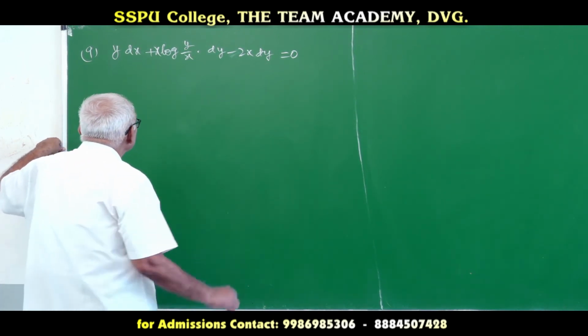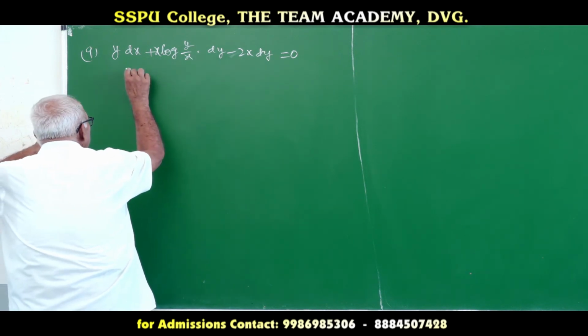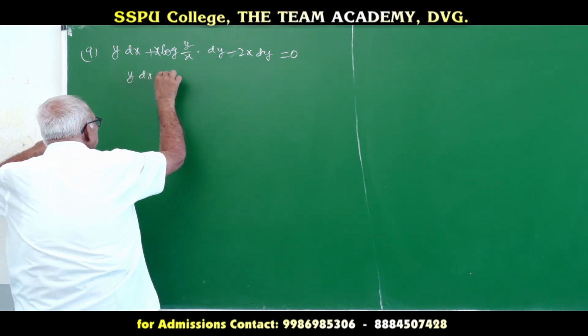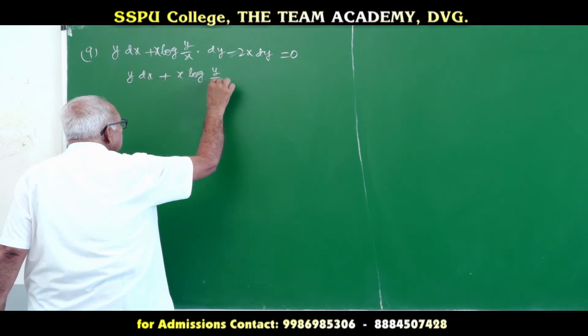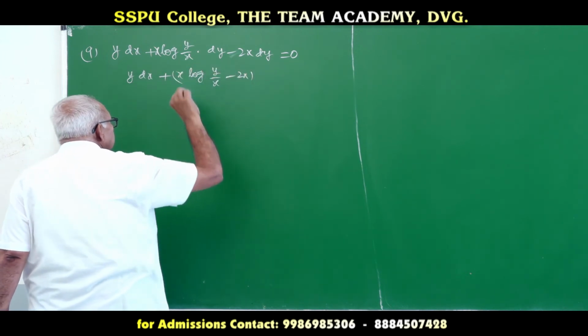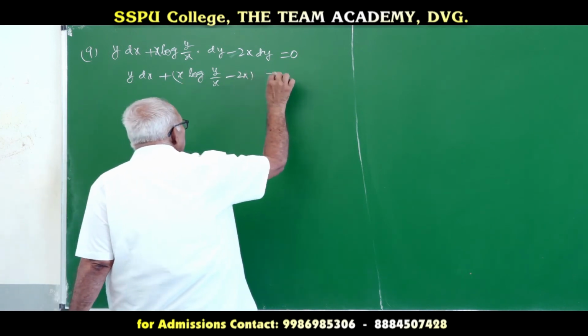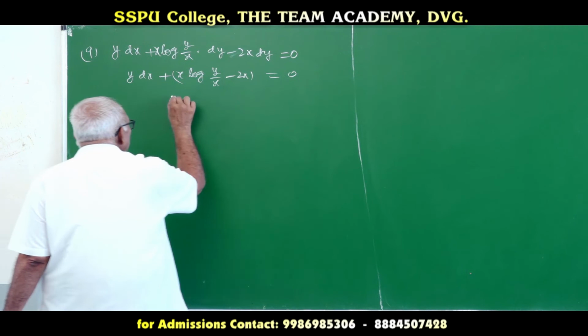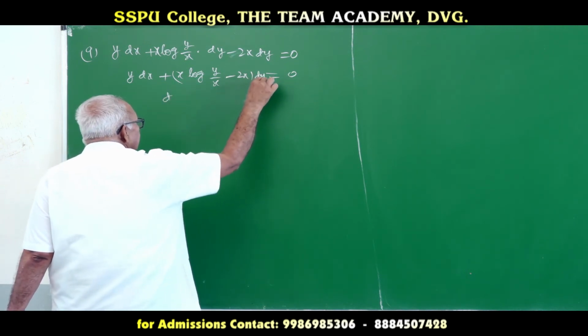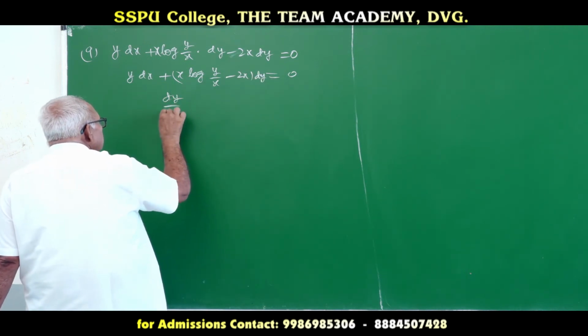See, here dy/dx, we can take common: x log(y/x) minus 2x is equal to 0.